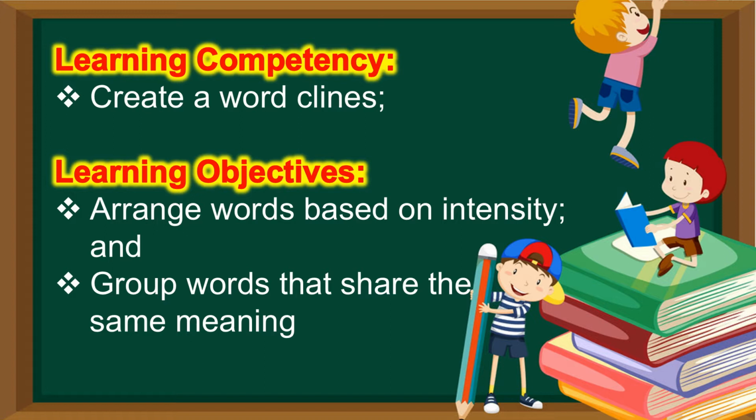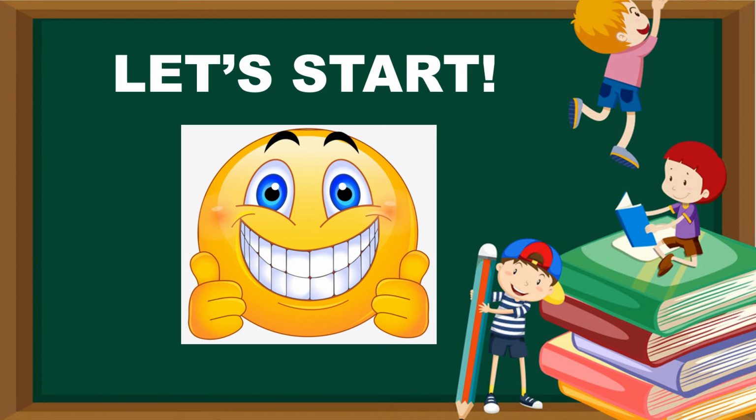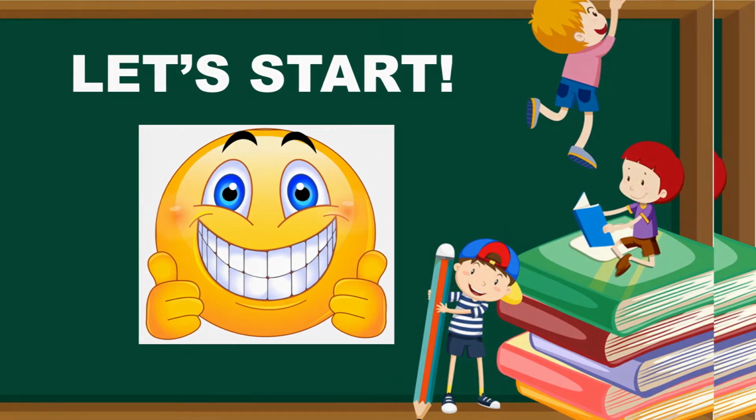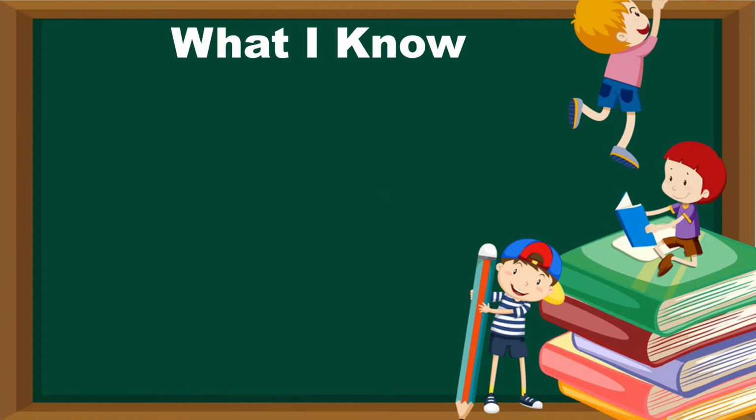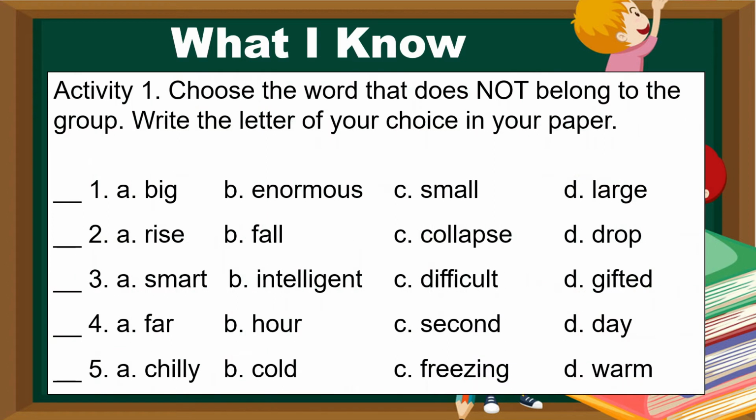And after going through this module, you are going to arrange words based on intensity and group words that share the same meaning. Let's start! To begin with your learning, let us have this activity first.